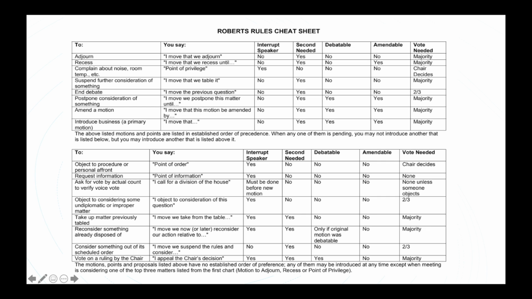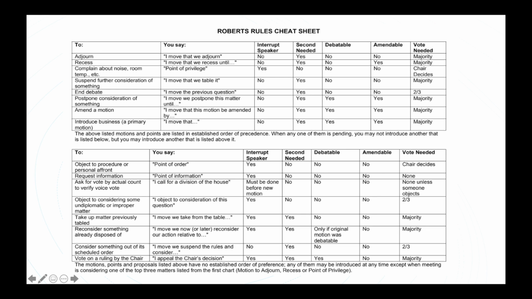To reconsider something already disposed of, we will say, I move we now or later reconsider our actions relevant to. To consider something out of its scheduled order, we will say, I move we suspend the rule and consider. To vote on a ruling by the chair, we will say, I appeal the chair's decision.